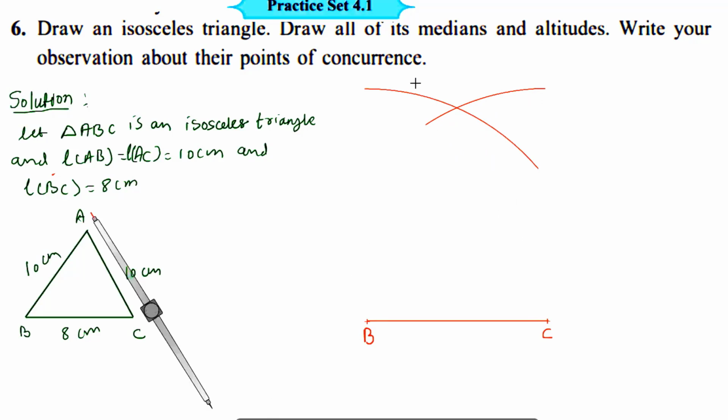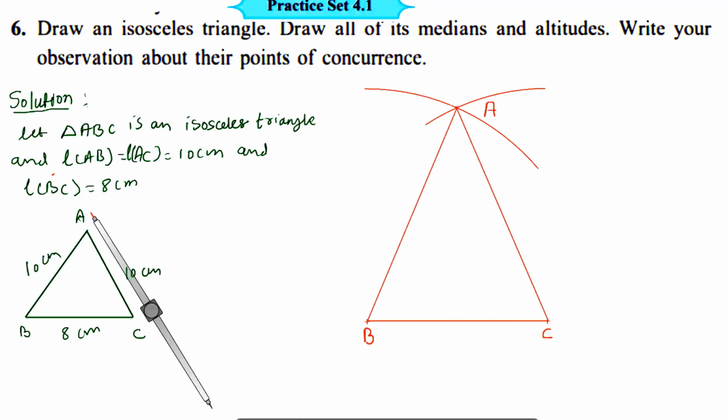This one is the point A. With the help of a ruler, join points A and B with a segment, and also points A and C with a segment. This is our required isosceles triangle ABC.